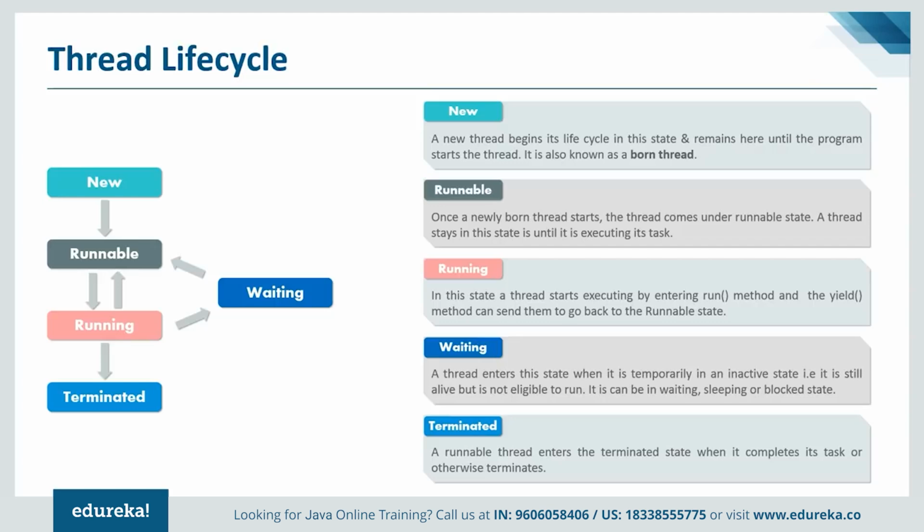From runnable, it enters into the running state and keeps on running till the song is finished, which is the terminated state. In between, if you go for a pause, that is where your thread is doing a wait operation. When your song finishes automatically or you stop the song, that is the terminated state. It's just an analogy of how a thread is going to work for us.